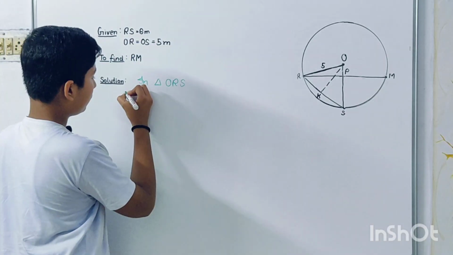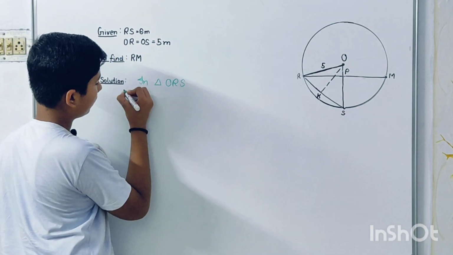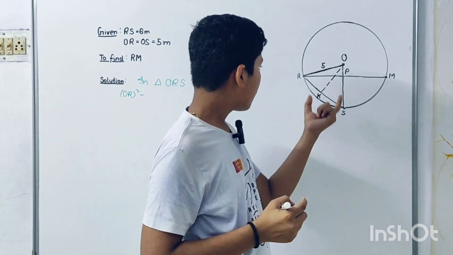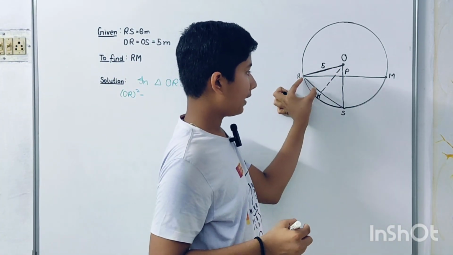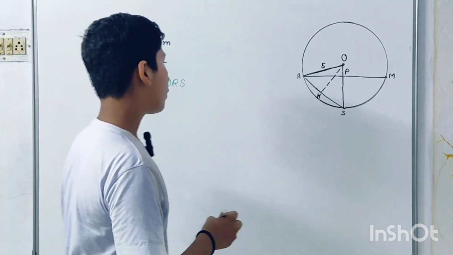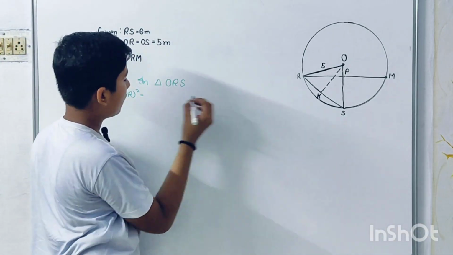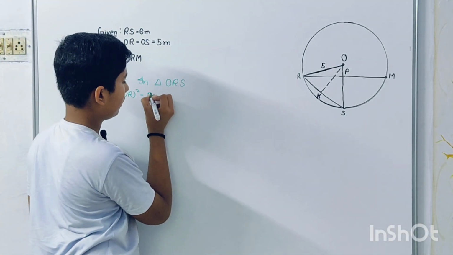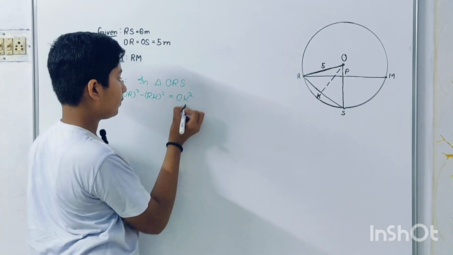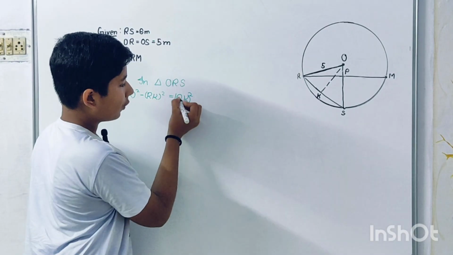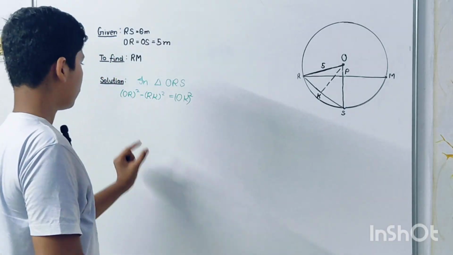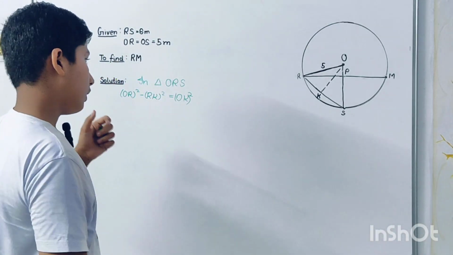According to Pythagoras, OR square minus RK square equals OK square, since OR is the hypotenuse; if we subtract the square of this length from the square of the hypotenuse, we get the length of this one. OR is 5, RK is 3.